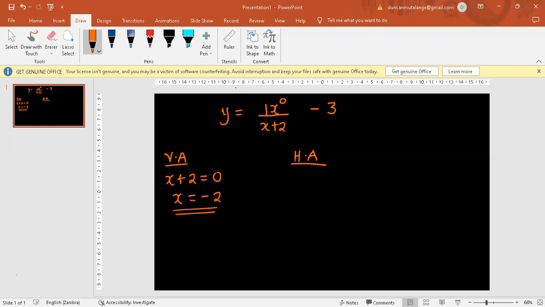Now when you check here, this is to the power 1, right? This is to the power 0. Which one is bigger? Obviously x to the power 1 is greater than x to the power 0. 1 is greater than 0. So our horizontal asymptote here is going to be 0, but you include this part here. You can see there's a minus 3. So you say minus 3. Then your horizontal asymptote is y equal to negative 3.